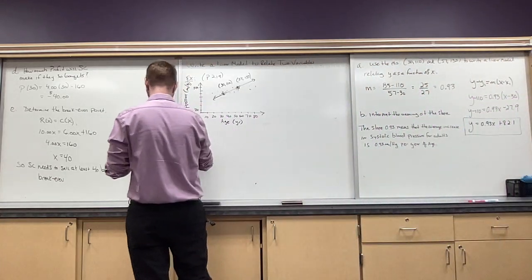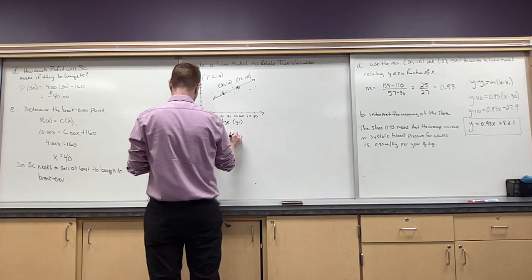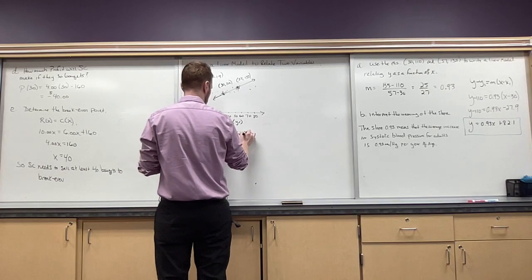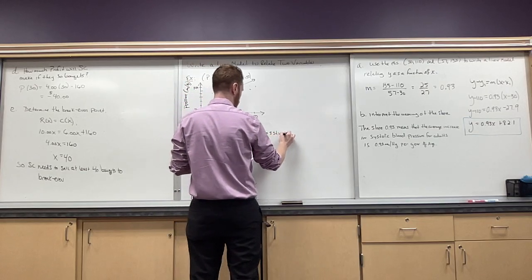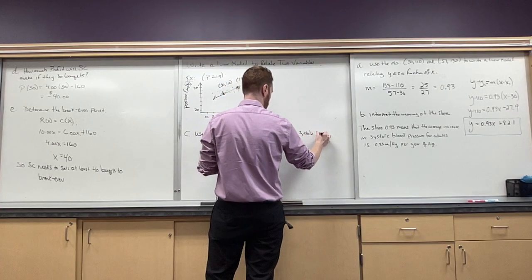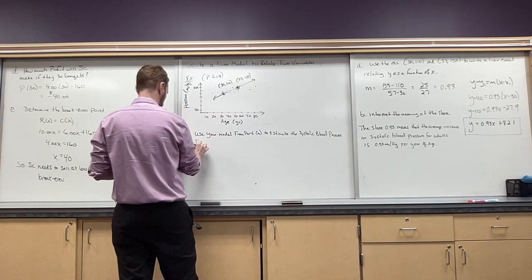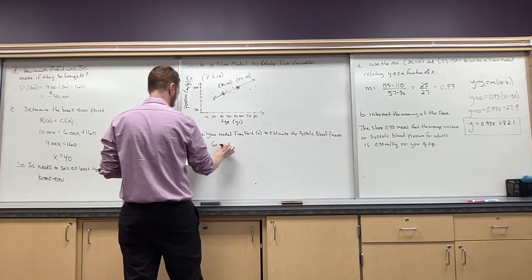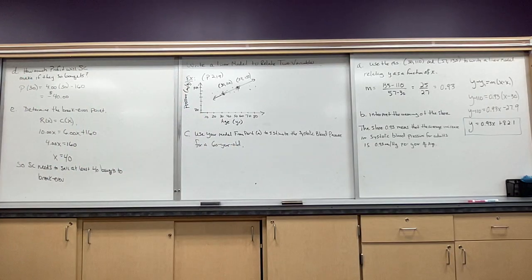So C, last one. So we're gonna use your model from part A to estimate the pressure for a 60-year-old person. Okay? So you're using our model from part A, which is that equation, right?